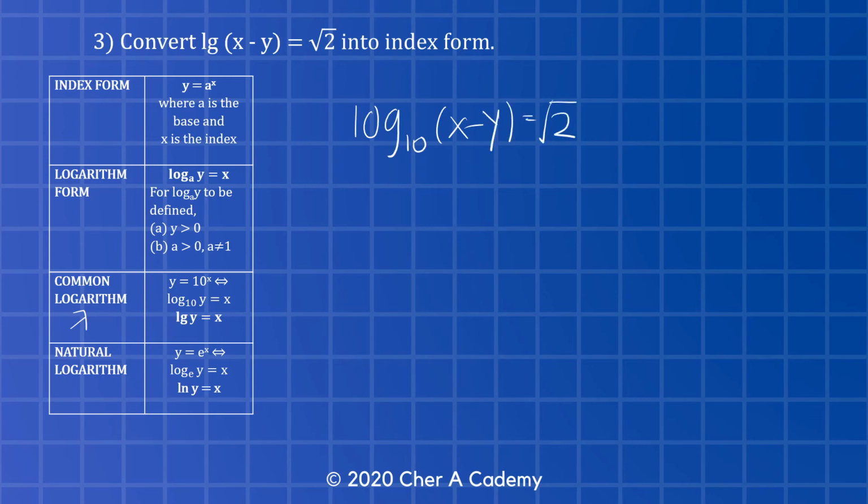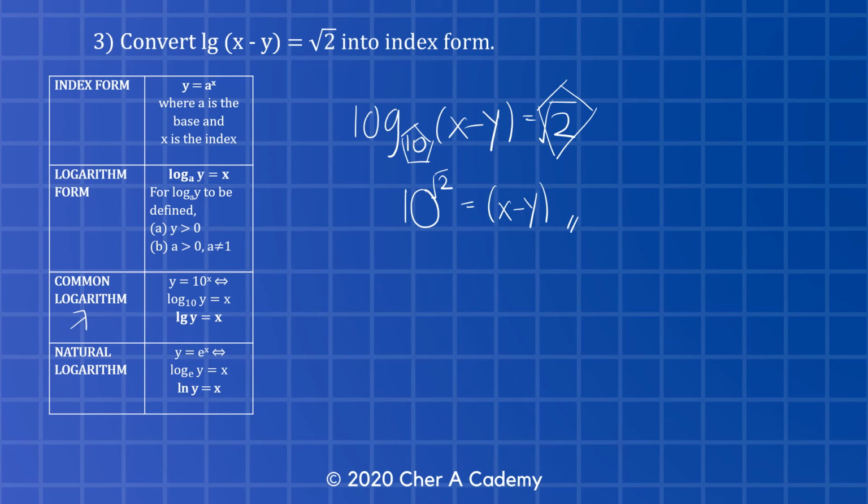To convert a log form into index form, we must always identify where's the base, our rock, and where's the index, our kite, which is on the outside. So this is our base 10, and our kite, our index is square root 2, is equals to x minus y. So this is the index form.